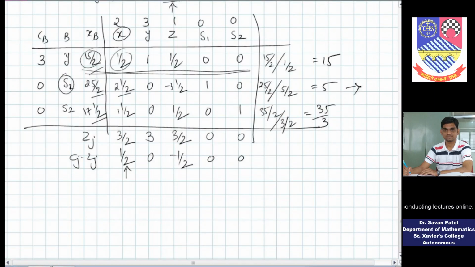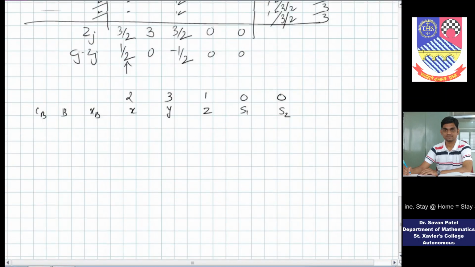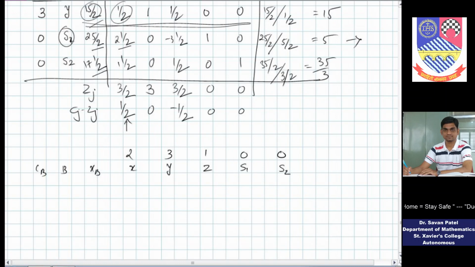So as we were used to do previously, let me write a table: CB, B, XB, X, Y, Z, S1, S2. Here the coefficients are 2, 3, 1, 0, 0. In the basis, first of all, y was there. S1 is now replaced by x. S2 is as it is. So here the coefficient of y is 3, the coefficient of x is 2, and S2's coefficient is 0.